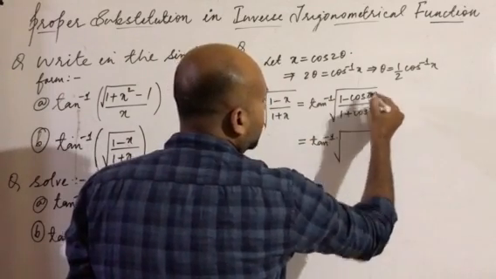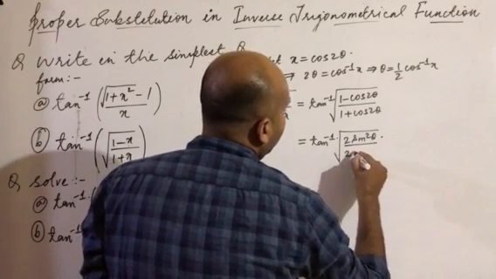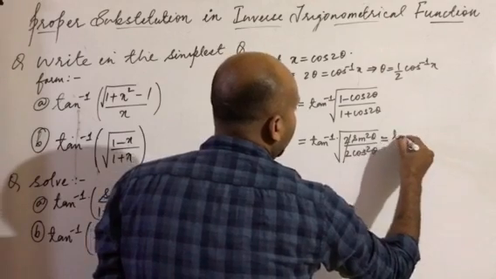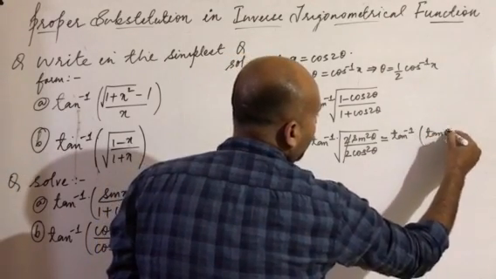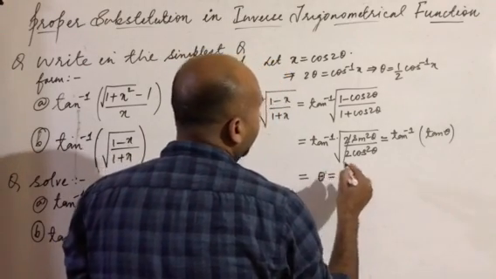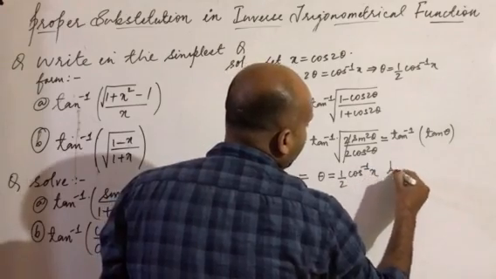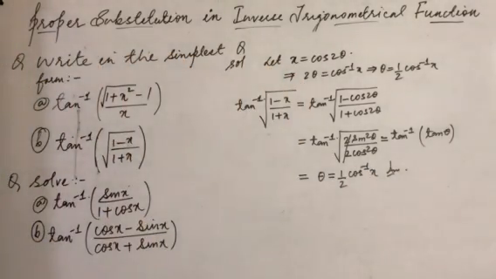Children, the formula for this is 2 times sine square theta. 1 plus cos 2 theta is 2 times cos square theta. 2 gets cancelled. So I have tan inverse of tan theta, because root and square get cancelled. So the next line I can simply write theta, and the value of theta is nothing but 1 by 2 times cos inverse x, and that is your answer. So if you go with the proper substitution, the sum will be very simple.